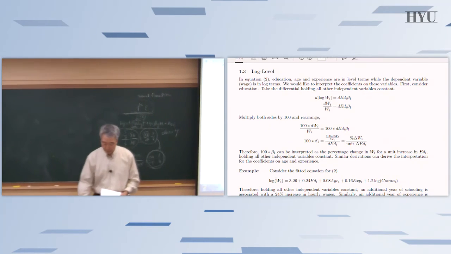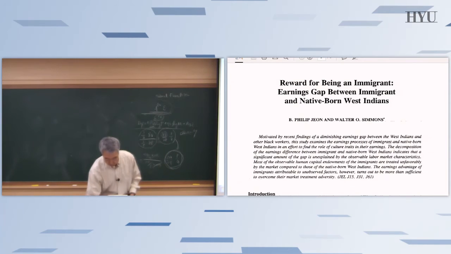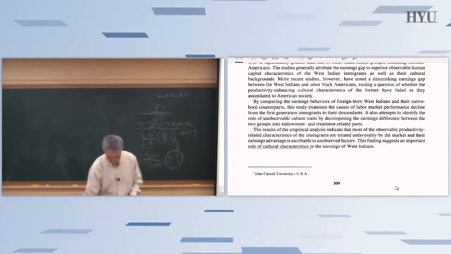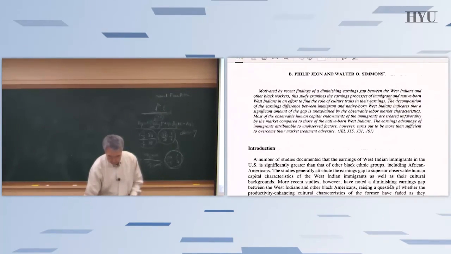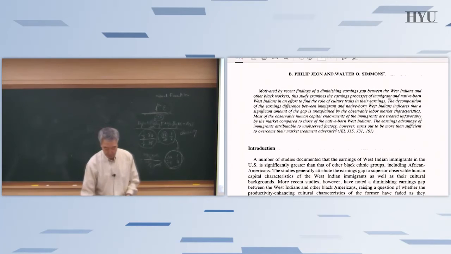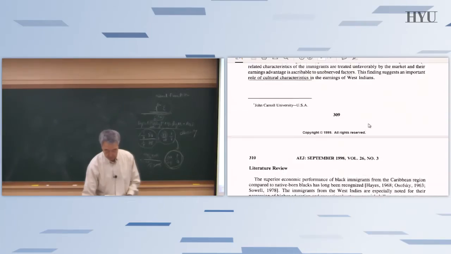The second material that I put on the web is actually the paper that I wrote with my co-author about 14 years ago. I think this was 1991 or something. Here you can read the abstract. Very interesting paper, and I think you can easily understand that abstract.